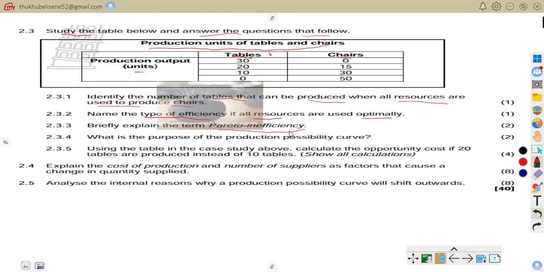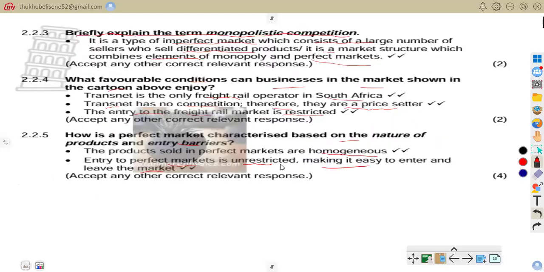Someone could be better off without harming others. For example, idle workers and unused machinery. That is why we say resources are not used in the best way. That is Pareto inefficiency. Let us go and see the answers.